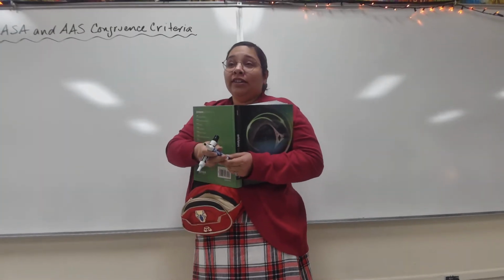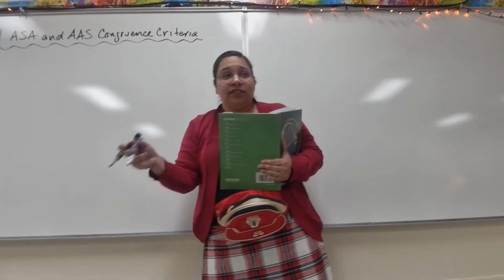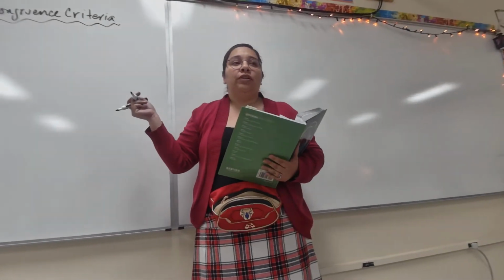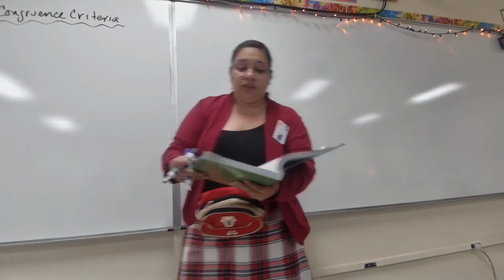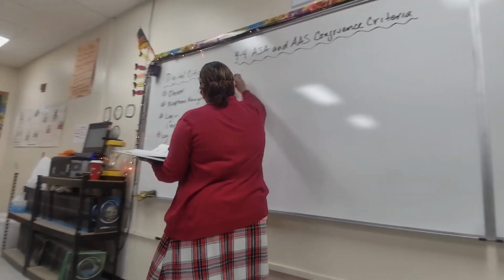Just like the SSS and the SAS, these guys are super easy to follow. Okay, guys? Now let's just get those theorems out of the way so we have a cheat sheet going.